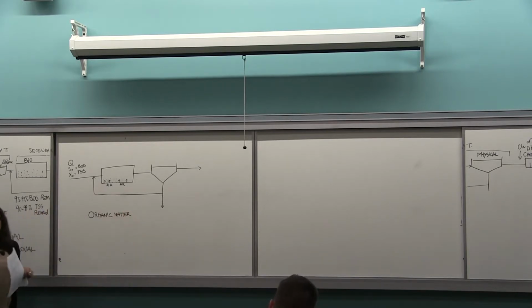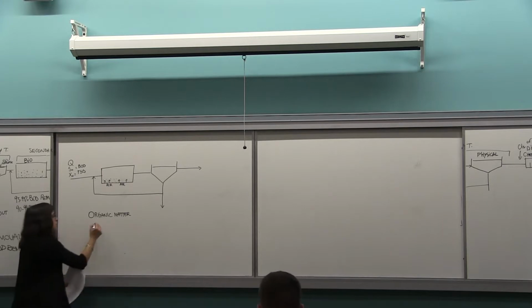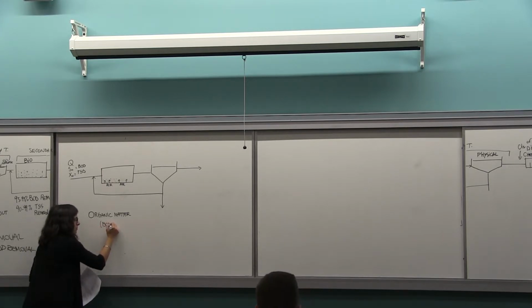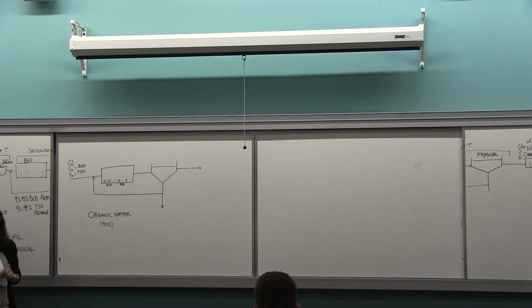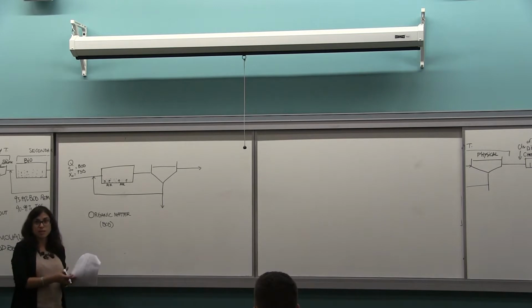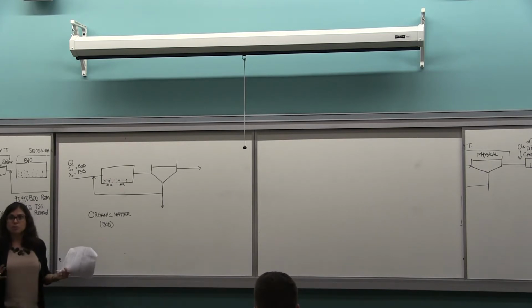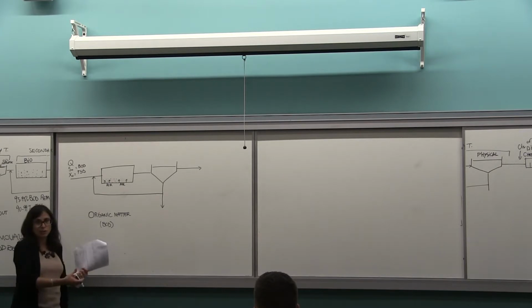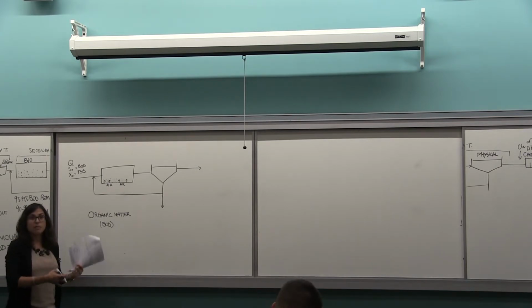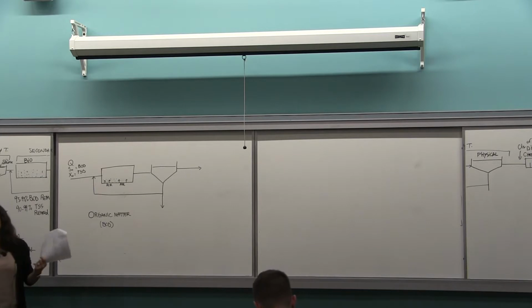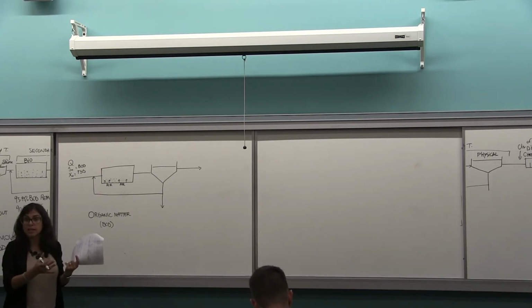The organic matter present in the wastewater, we measure the strength of the organic matter in BOD, biochemical oxygen demand, which means pretty much the oxygen that will be needed to oxidize completely this organic matter, right? We might have sugar, protein, fat, all of those are organic.